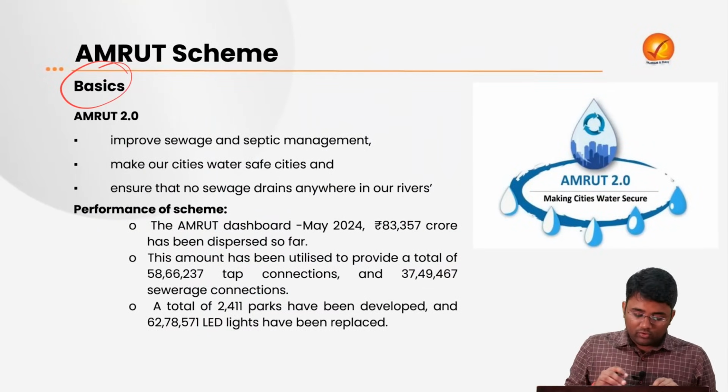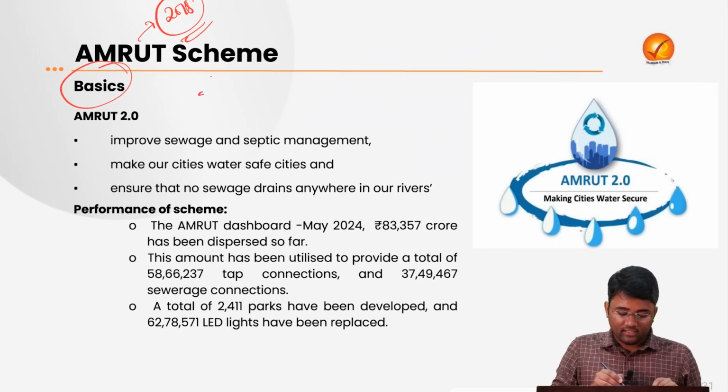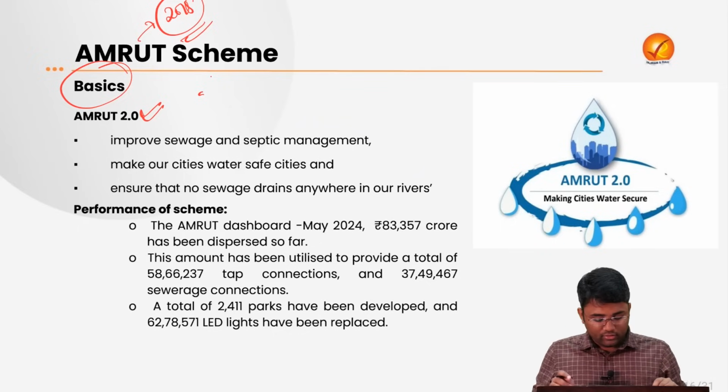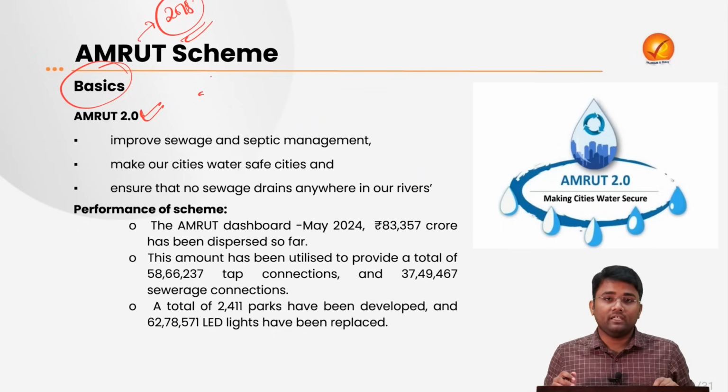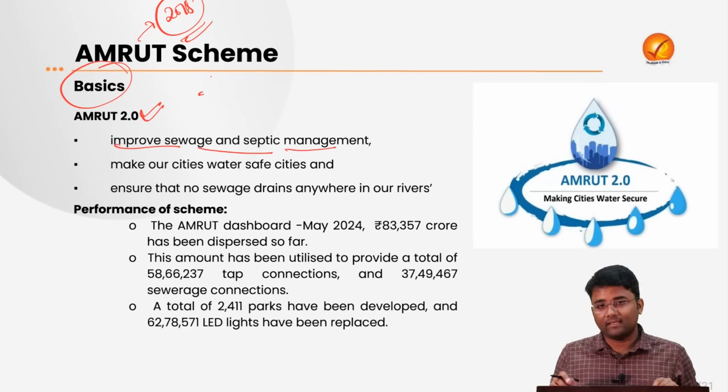So let's talk about some of the basics. As we have just discussed, AMRUT was launched in the year 2015, whereas AMRUT 2.0 was launched in the year 2021, which is focusing on improving sewage and septic management.